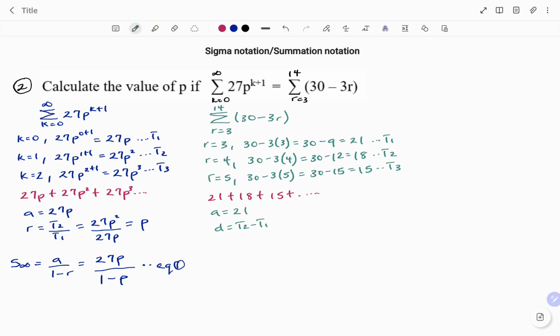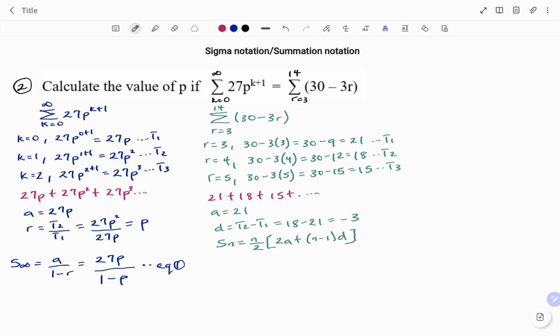That's also equal to t3 minus t2. And that will be 18 minus 21. So therefore, our d equals minus 3. To find the sum, because it's an arithmetic series, the sum of our arithmetic series, Sn, equals n over 2, in bracket, 2a plus n minus 1 d.